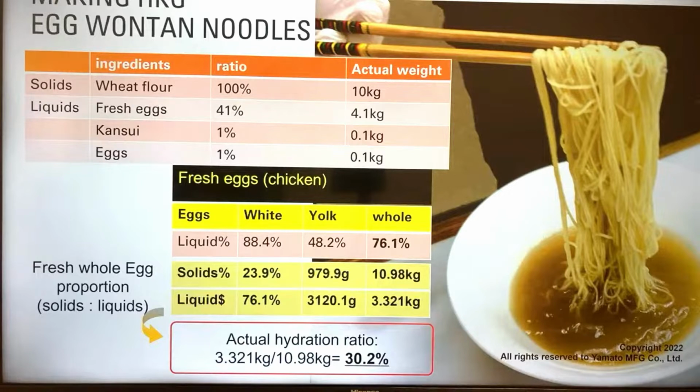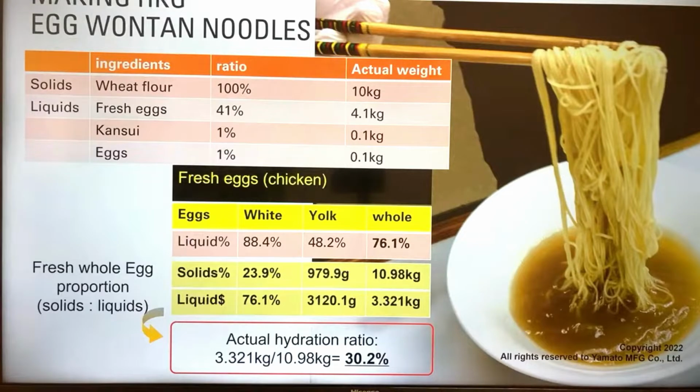We learned that the whole fresh egg has a liquid percentage of 76.1%, so the solid percentage of these fresh eggs is 23.9%. Of the 4.1 kilograms, 23.9% is calculated to be 979.9 grams.